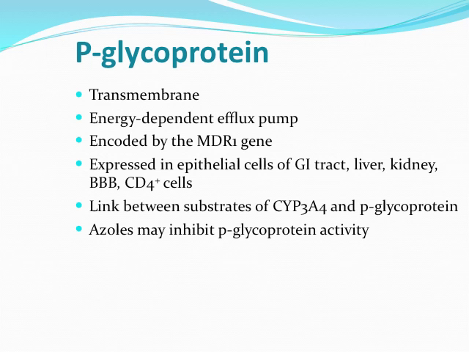It's actually expressed in epithelial cells, so it's not just in your GI tract, but in your liver, kidney, blood-brain barrier. There's been some P-glycoprotein isolated there as well. An example is azoles may inhibit P-glycoprotein activity. So we're learning more about this protein and how it affects drug absorption and metabolism.